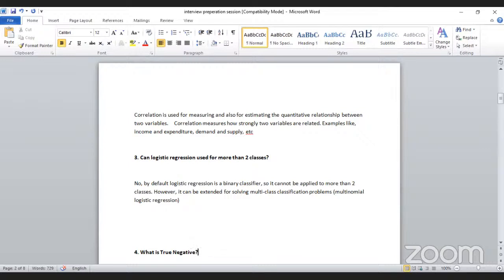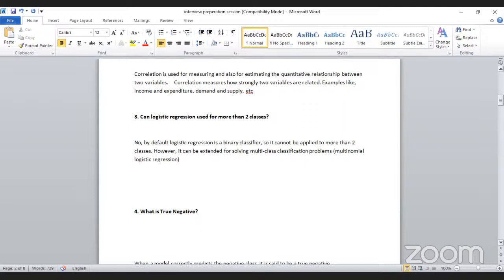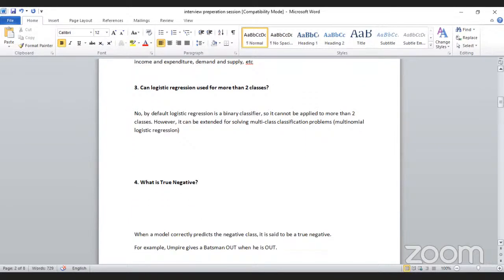Okay, when a model correctly predicts the negative class, it is said to be a true negative value. So when we are predicting something and our model correctly predicts the negative class, it is said to be true negative.